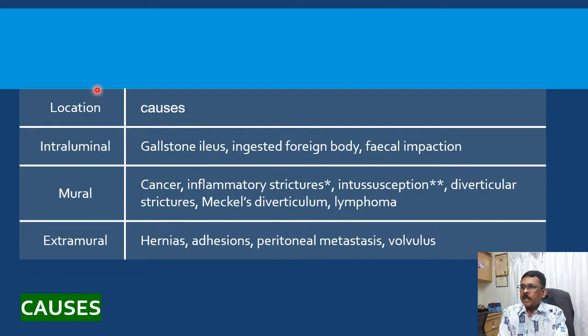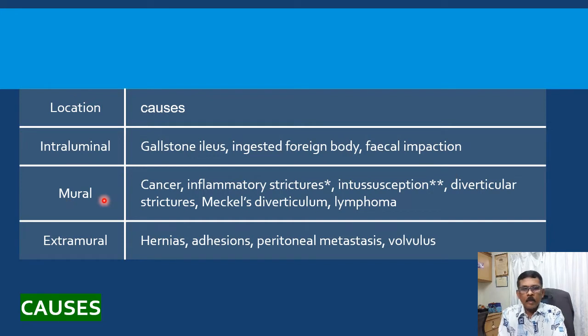Okay, these are the intraluminal, intramural, and extramural causes. Intraluminal: gallstone, foreign body, and fecal impaction. Mural is usually malignancy, cancer of the colon, inflammatory strictures, intussusception, and diverticular disease.